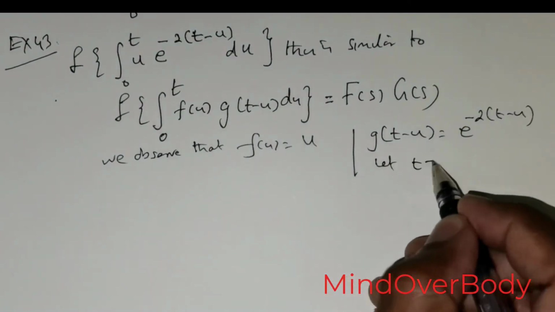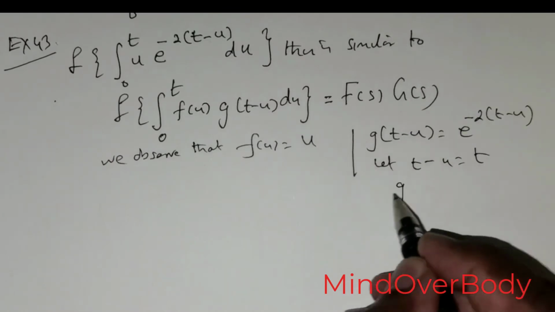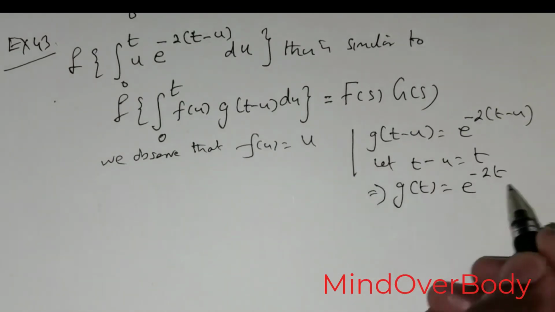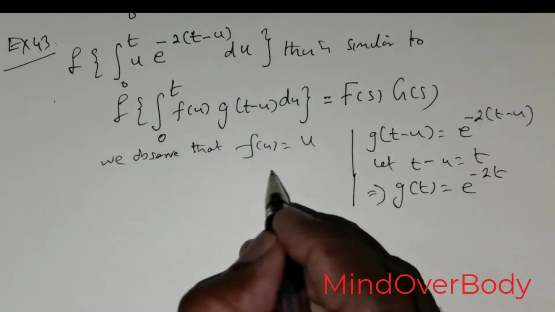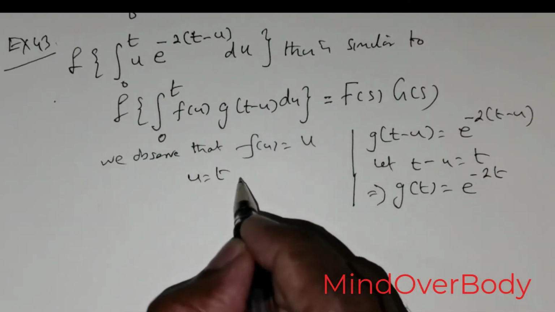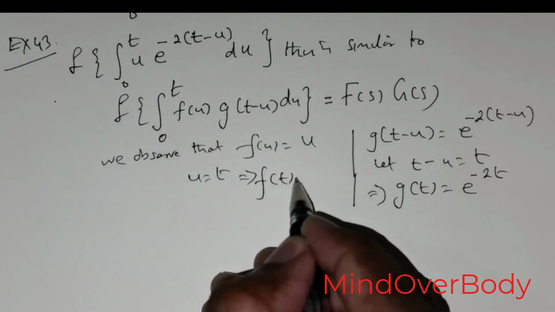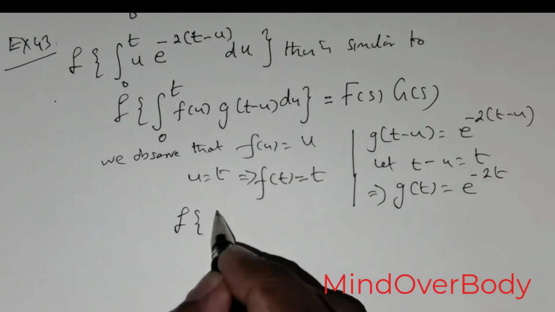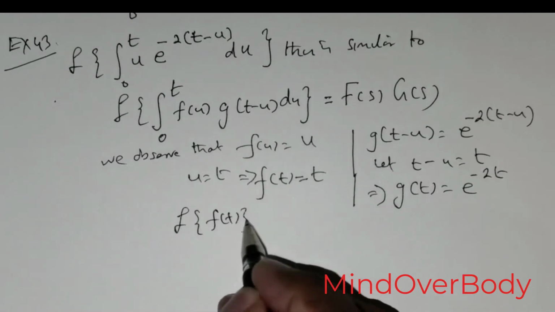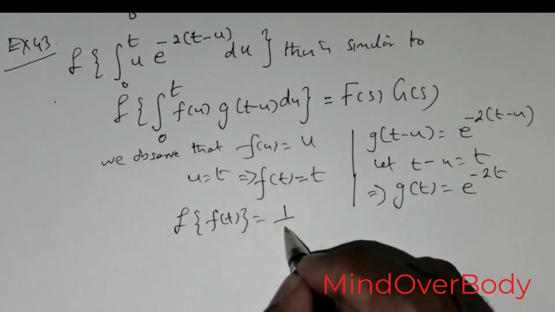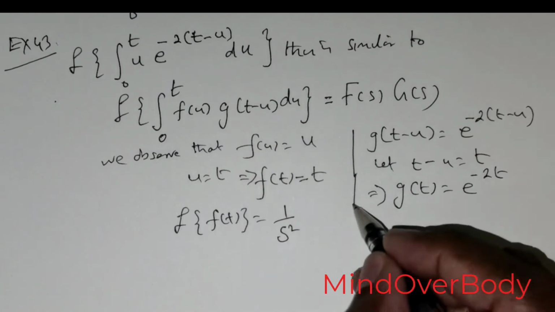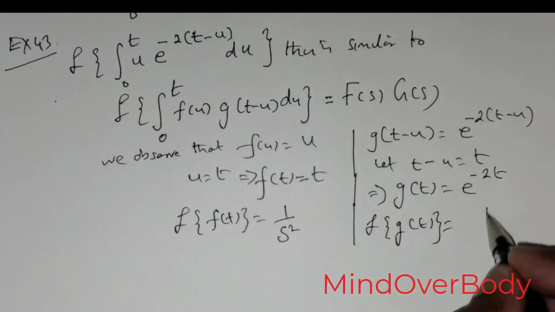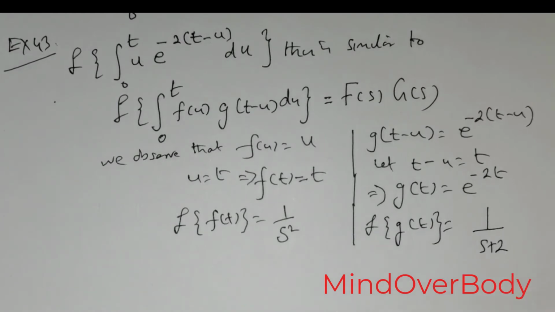Now if I take t minus u equal to t, then g of t is e raised to the power of negative 2 times t. Over here, if I take u equal to t, then f of t is equal to t. So let me find the Laplace transform of f of t. This is going to be 1 over s squared, and the Laplace transform of g of t is 1 over s plus 2.